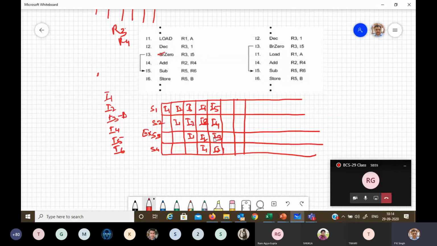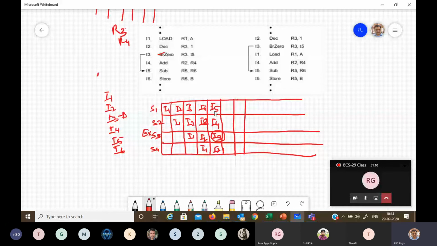When I3 will execute, it will say whether the branch has to be taken or not. Meantime, I4 is in decode stage and I5 has been fetched. These two are in the pipeline. Suppose the branch has to be taken.